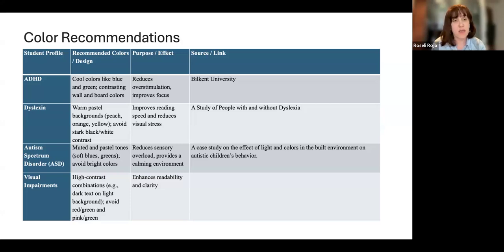For those students on the spectrum, they recommended muted and pastel tones, for instance, soft blue, greens, and avoid bright colors. And in my opinion, we can create a balance.